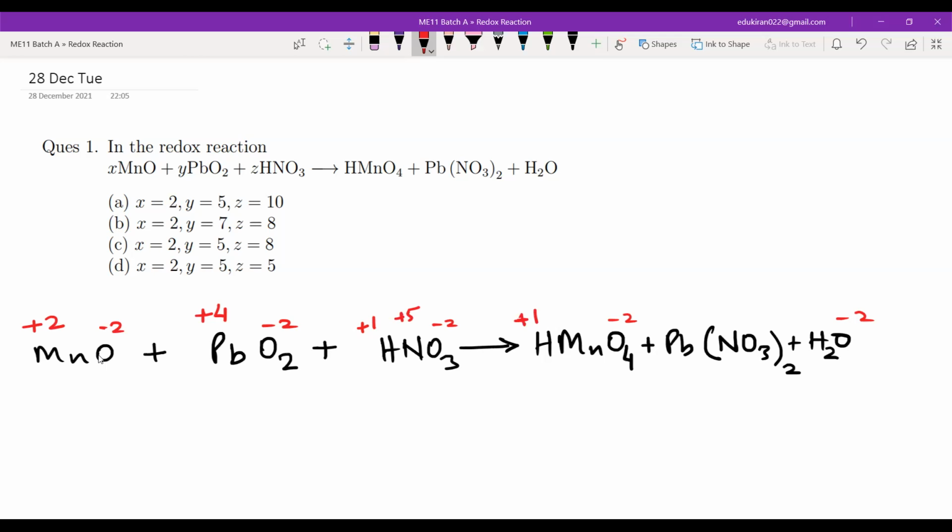Seven, na? Four 2s are 8, minus 1. My bad. +7. Okay. For NO3, it is 1 negative. Calculate this also. Sorry, not PbO2, Pb(NO3)2.